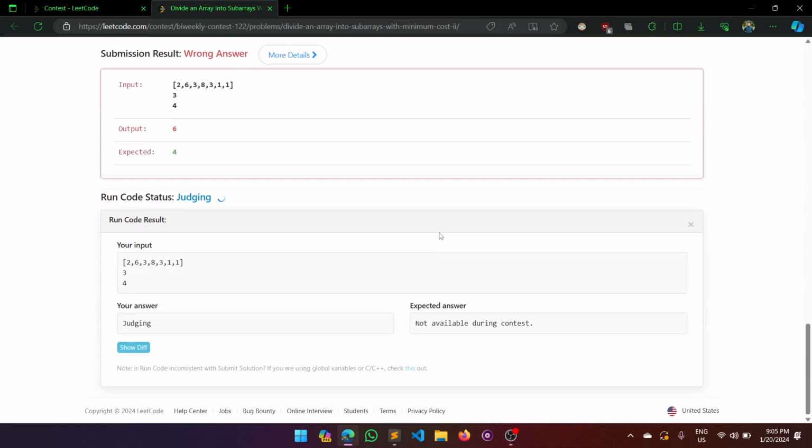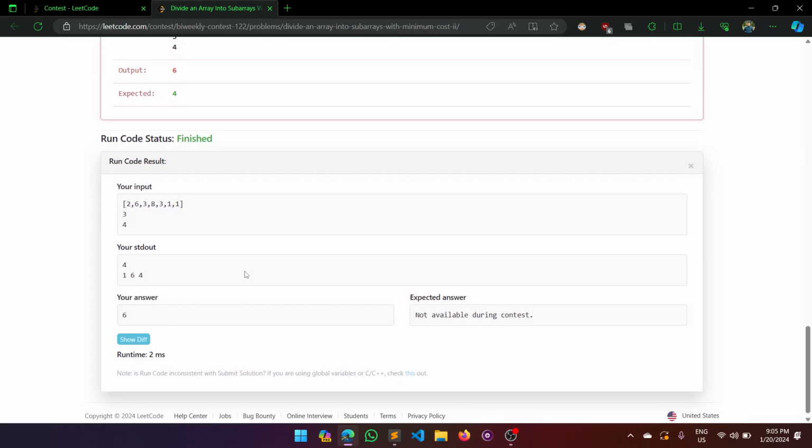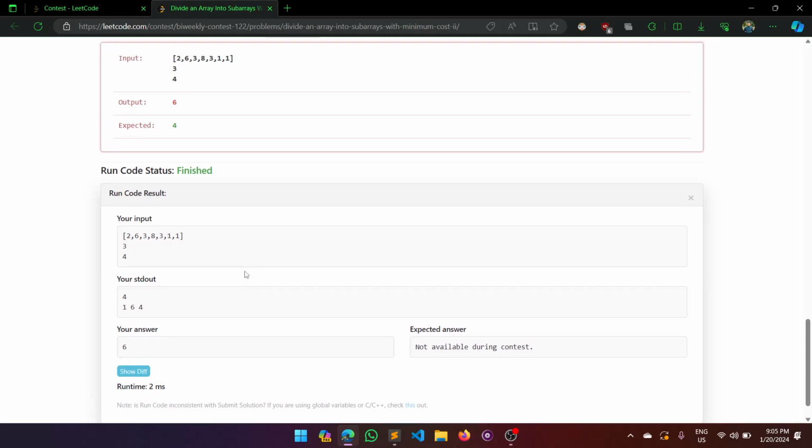That's my third penalty. I'm gonna get a bad rank even if I'm able to solve this question. So it's 4, and it's from here till here, right? And we want to consider two elements. We consider 3 and 1. We want to remove 6.